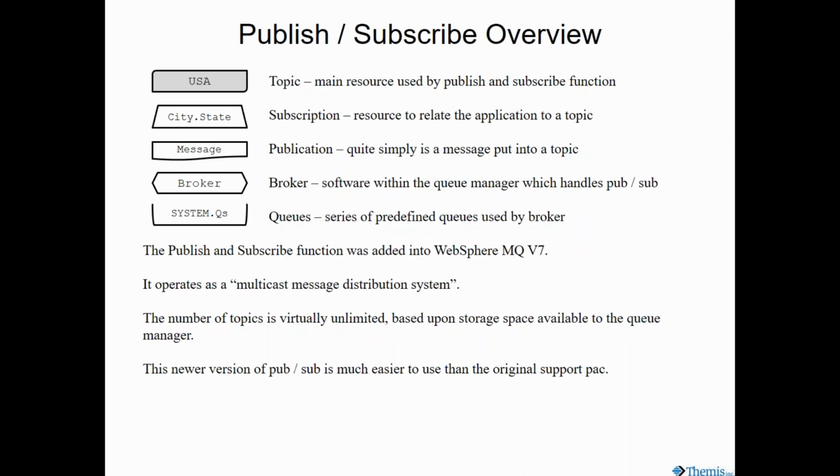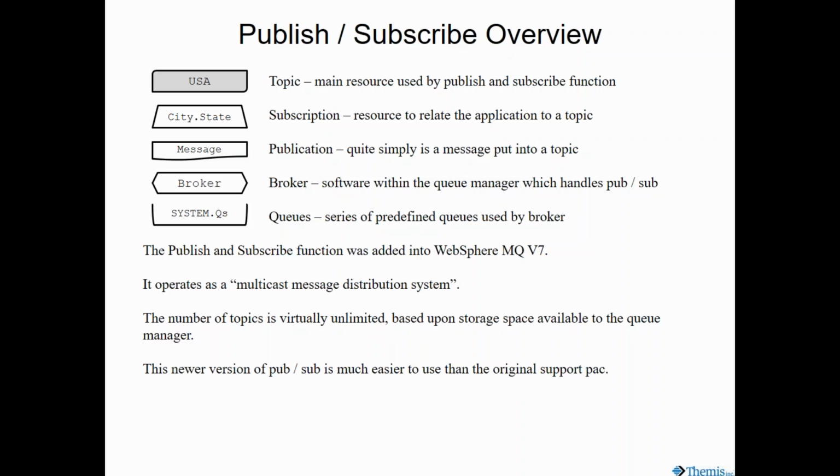As part of the queue manager, there's a thing called a broker. It's somewhat extensive, but it's the software within the queue manager that handles all the publish and subscribe, utilizing several system queues for repositories, essentially. The broker uses probably about 7 or 8 system queues to do that.